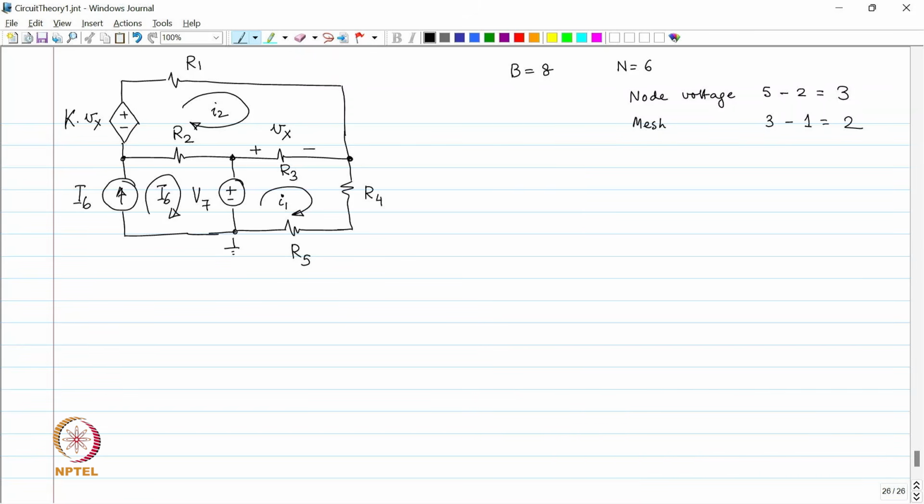Fine. And we expect a 2 by 2 matrix times I1 I2 to be equal to something. This is how it is going to appear. Fine. This is the plan.